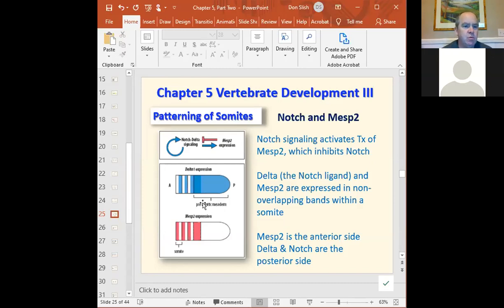So what happens through this is you get Delta and MESP expressed in non-overlapping bands within a somite. So you've got Delta at one side. This is a somite, a stripe of somite. So on one side you've got MESP, and at the other side you've got Delta. So within each somite you've got that AP patterning.